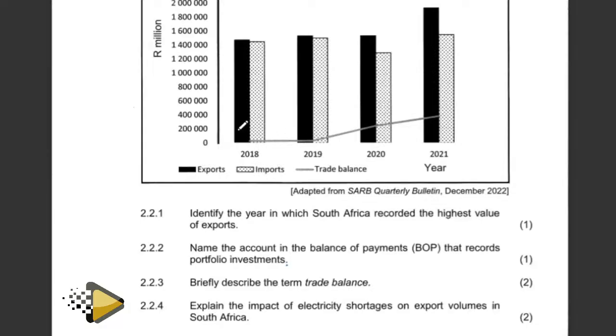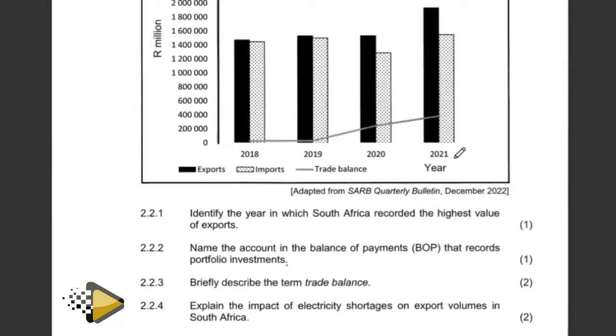So this represents our exports, and this represents our imports for 2018, and also for 2019 we have the number of exports and the number of imports. And then for 2020, we also have the exports and the imports.